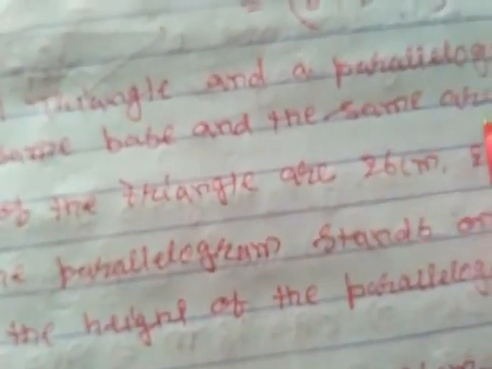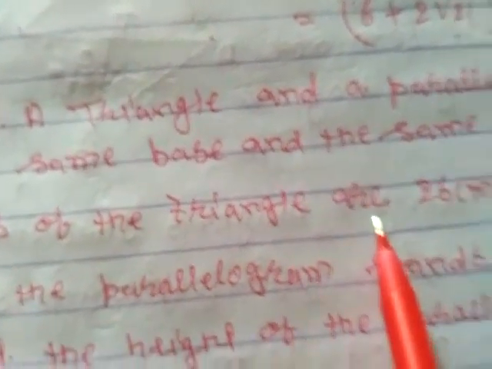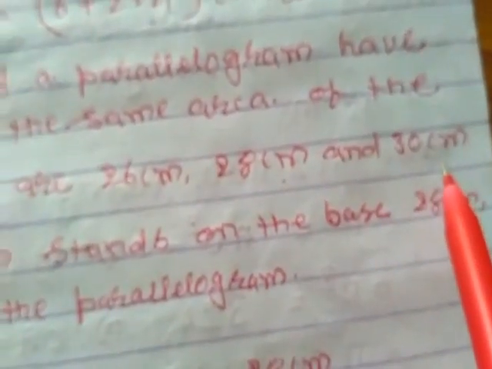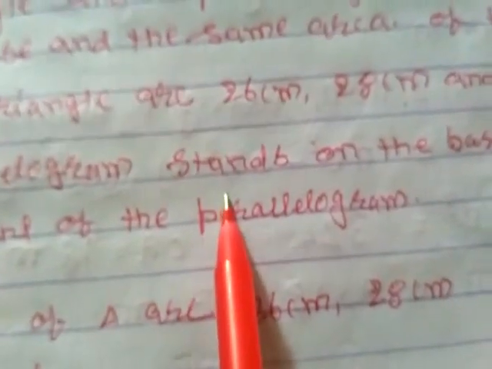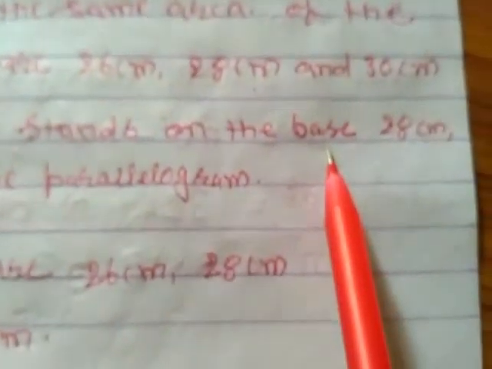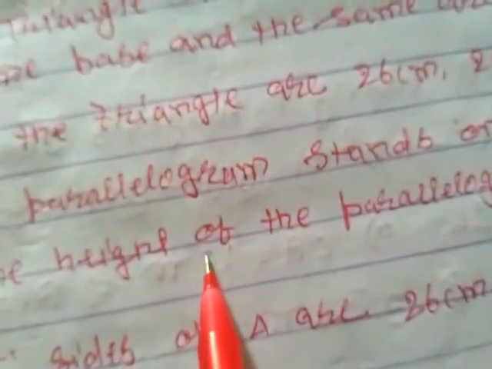The sides of the triangle are 26 centimeter, 28 centimeter and 30 centimeter, and the parallelogram stands on the base 28 centimeter. Find the height of the parallelogram.